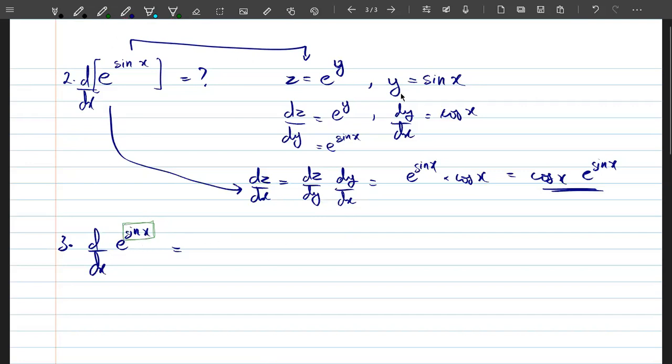I'll start by differentiating y with respect to x. So y is sin x here. So differentiation of this box with respect to x is just cos x. And then you have e to the power of sin x. But don't think of it as e power sin x. Think of it as e power y, or e power some box.